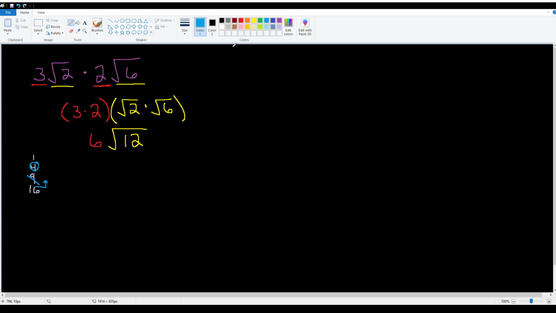So the square root of 12, I'm going to bring my 6 down, can be rewritten as the square root of 4 times 3. Because again, 4 times 3 is 12, and 4 is the greatest perfect square of 12. So now, again, I bring the 6 down.